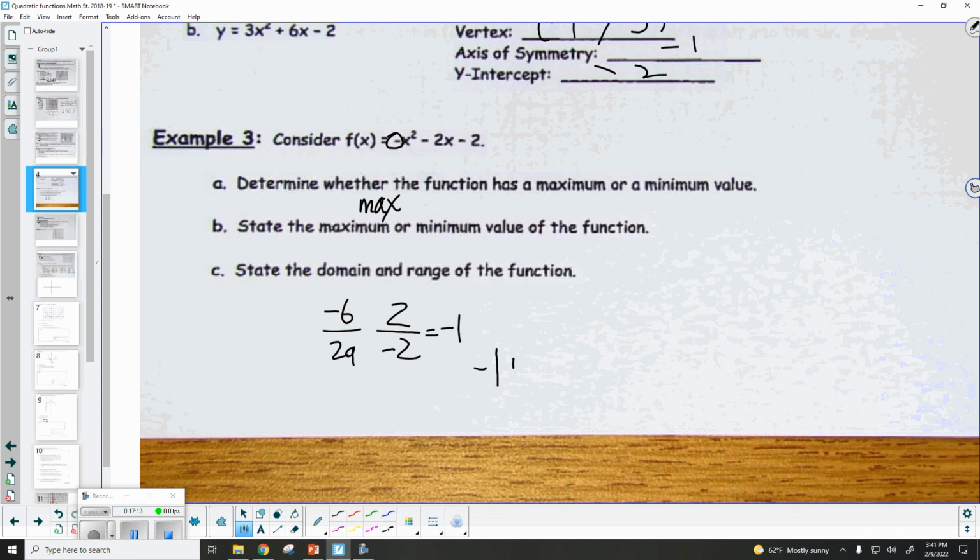So negative 1 is our axis of symmetry. Negative 1 times negative 1, so it's plus 2, minus 2, negative 1. So that would be the y value, right? Yeah.